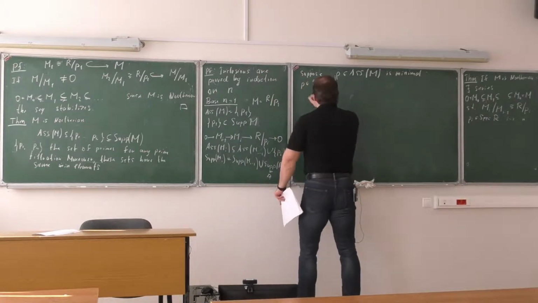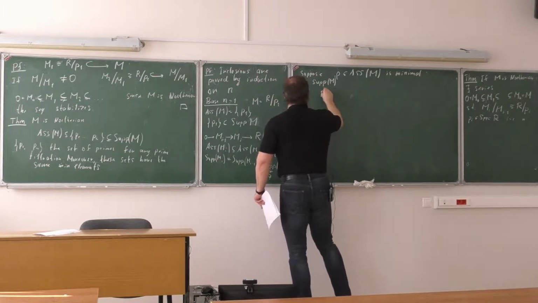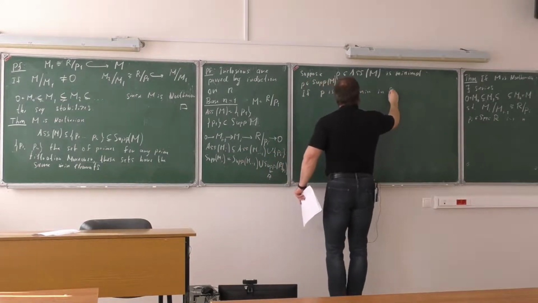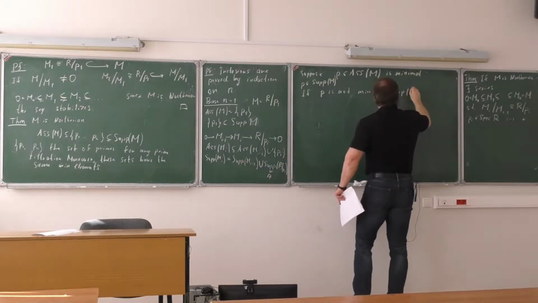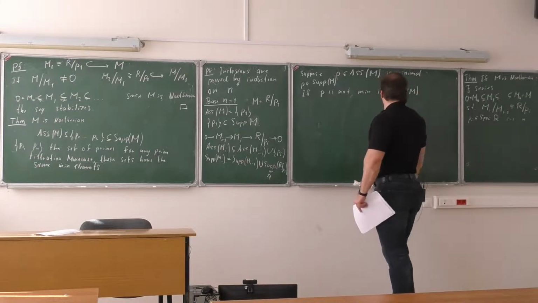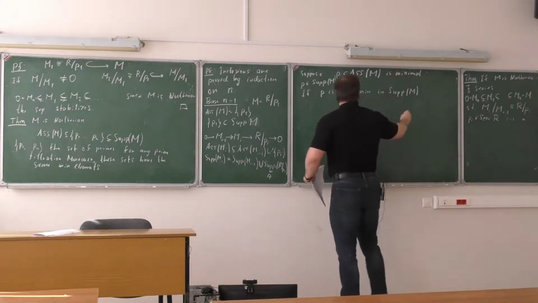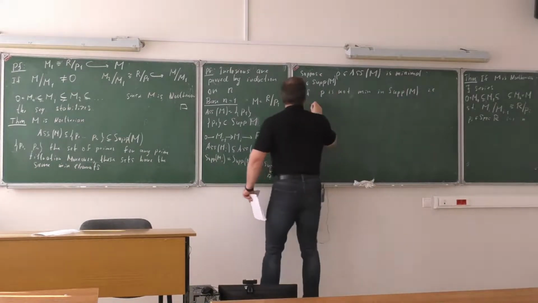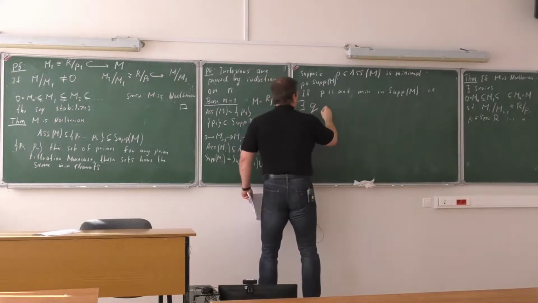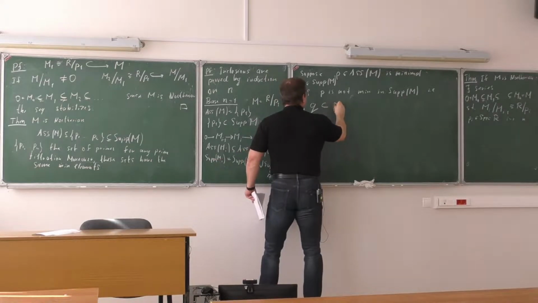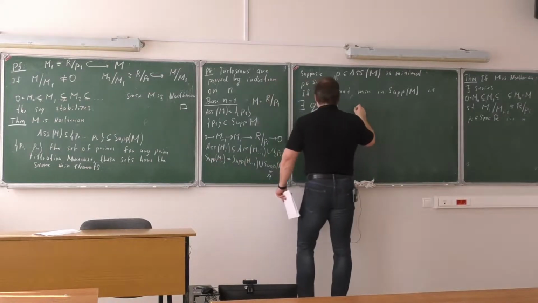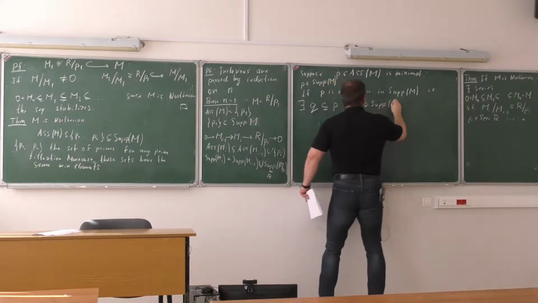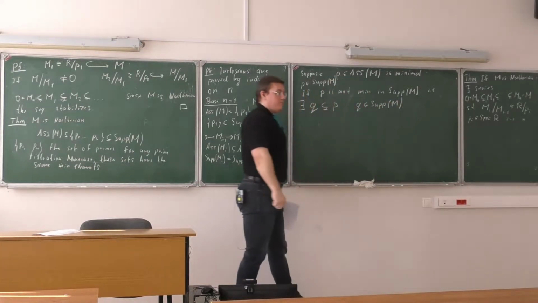Okay, so if P is not minimal in the support of M, what does it mean? It means that I can find another prime ideal, say Q, which is contained in P, and Q belongs to the support of M, right?